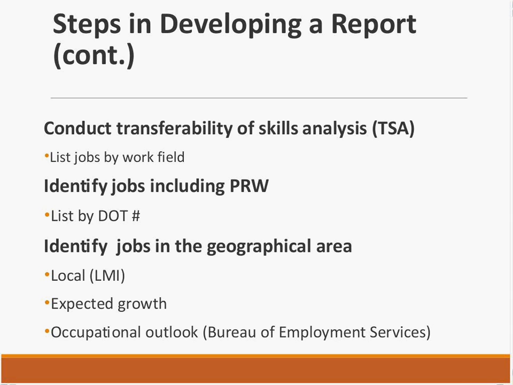Going on to the next slide, conducting transferability. I talked about that. We can list jobs by work field. We can identify those jobs by a specific DOT number, and then we can identify whether those jobs are available within a geographical area, and the expected growth for those jobs, which is also known as the occupational outlook.